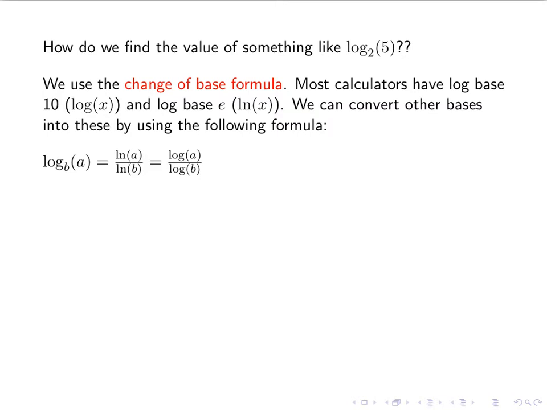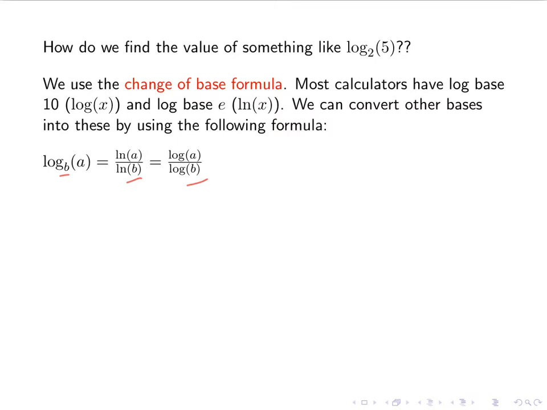In reality, I could choose any base that I want, but I'm going to choose one of the bases that my calculator has. One of the nice things about the way that we write log base b of a is that b is already below the a, and that's how we remember that that's the one in the denominator.